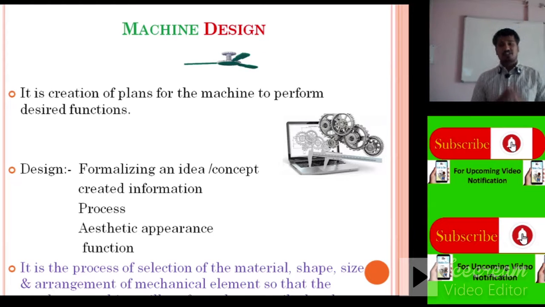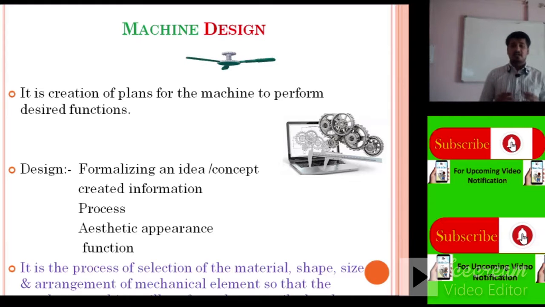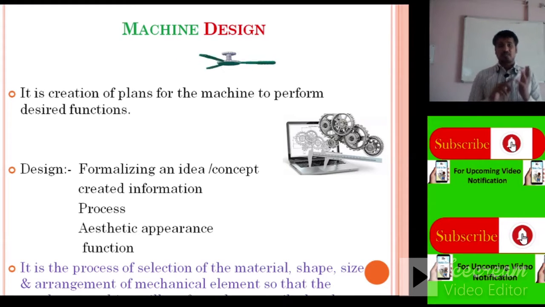It is the process of selection of material, shape, size and arrangement of mechanical elements so that the resultant machine will perform the prescribed work. Here two categories are there in machine design. The first one is selection of material, shape, size and arrangement of mechanical elements.